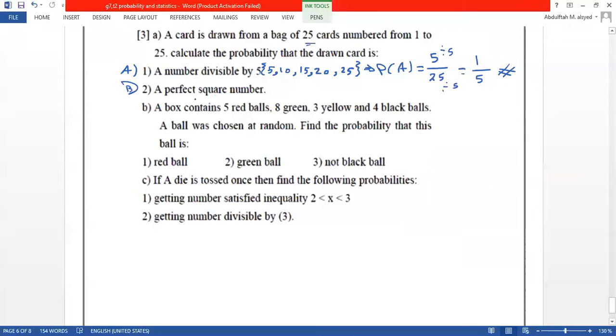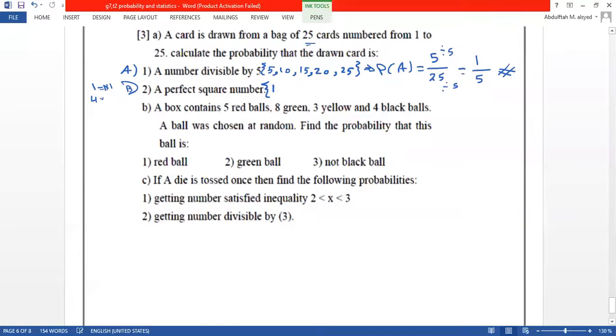Perfect square. What are the perfect squares between 1 and 25? A perfect square is a number we can get by multiplying a number by itself. Like 1: 1 equals 1 times 1, so 1 is a perfect square.